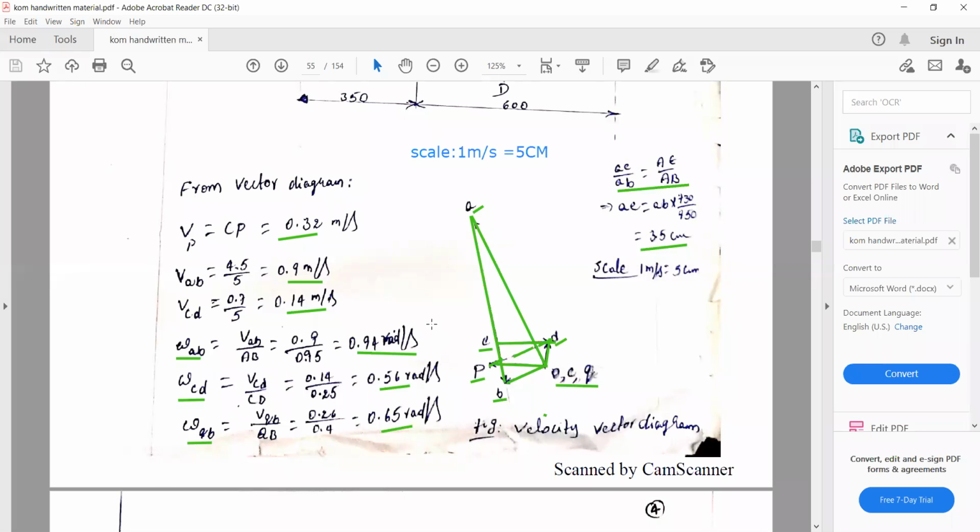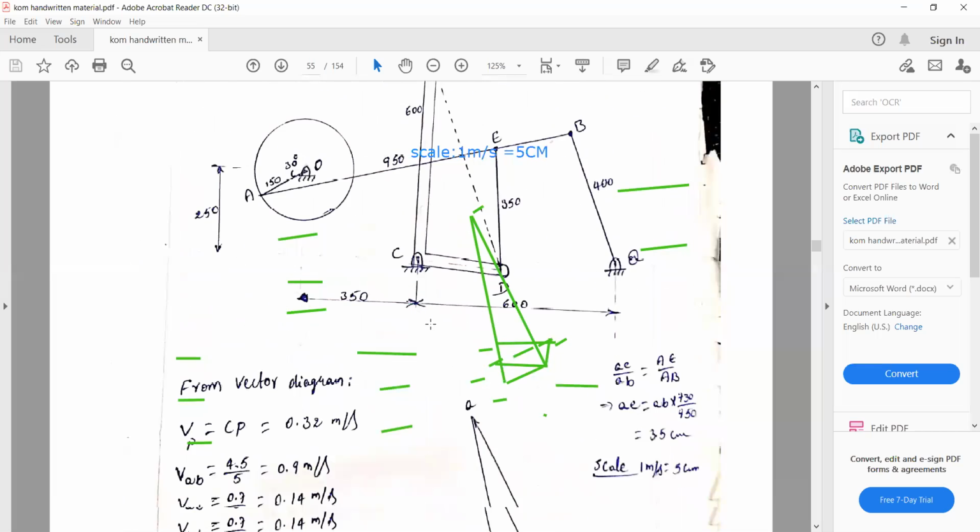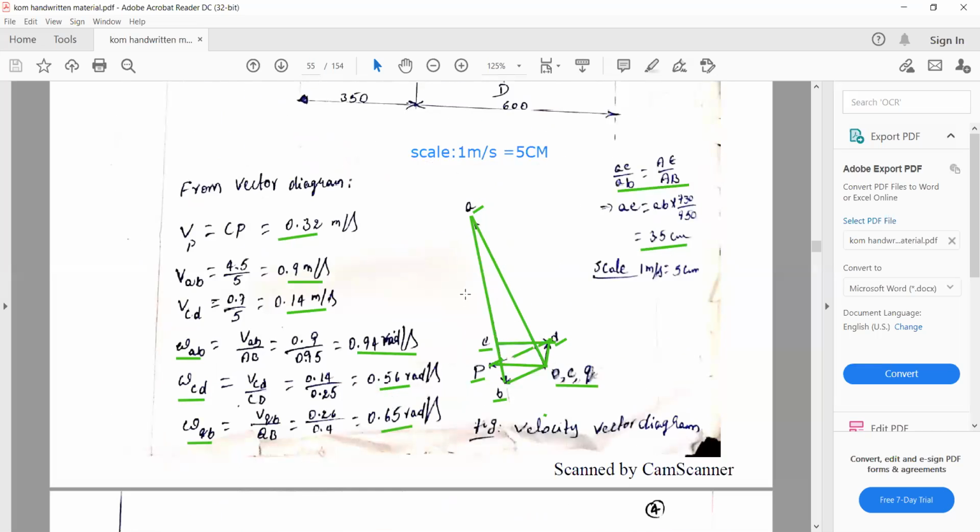And rubbing velocity, we may also find the rubbing velocity at B. So at B position, now we take this AB, omega AB. Omega AB is there, that is 0.94, into radius of the pin. So how much is the radius of the pin value?